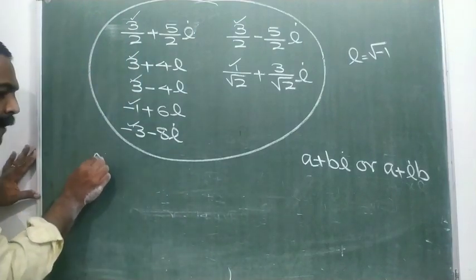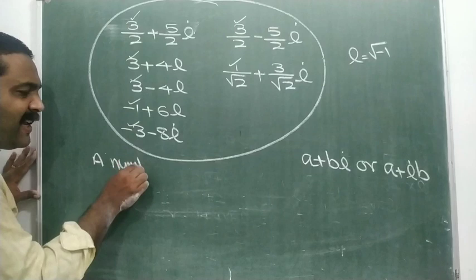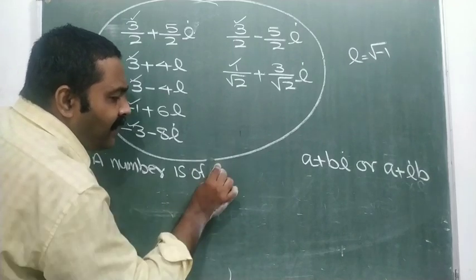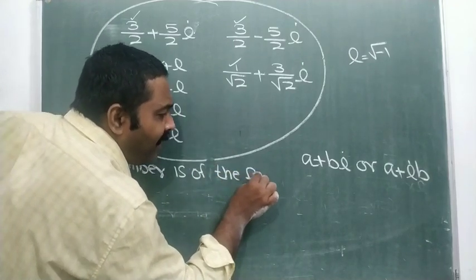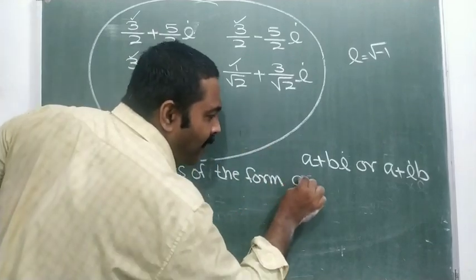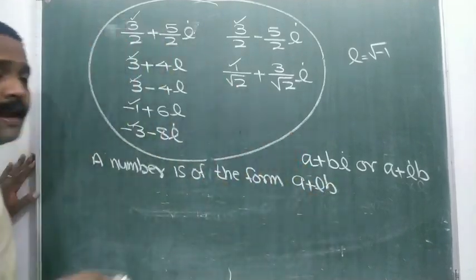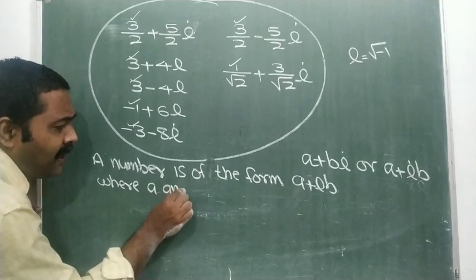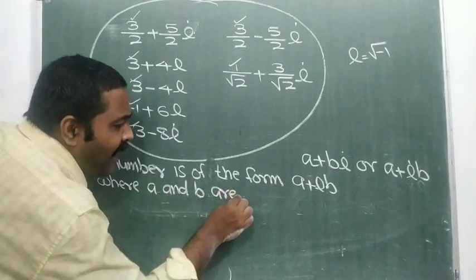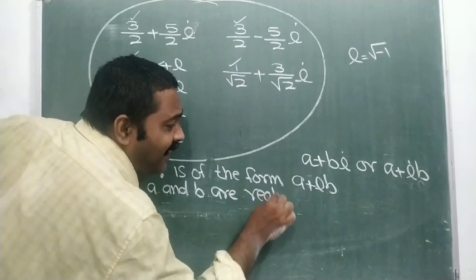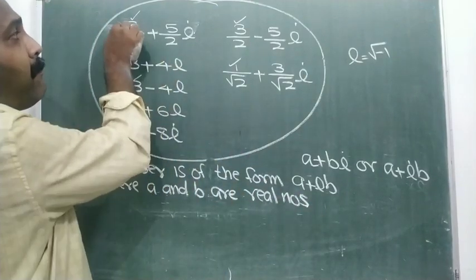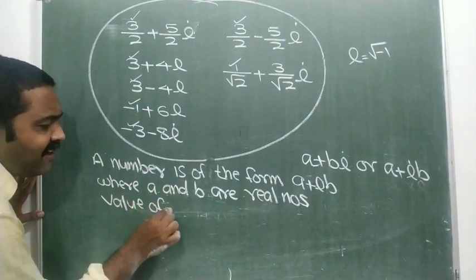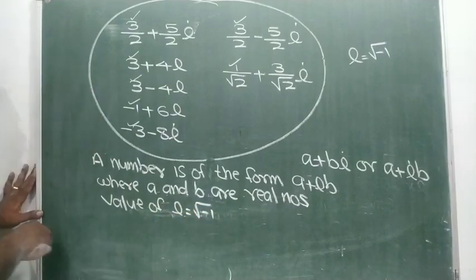Then any number is of the form a plus ib, where a and b are real numbers. The value of i is equal to root minus 1.